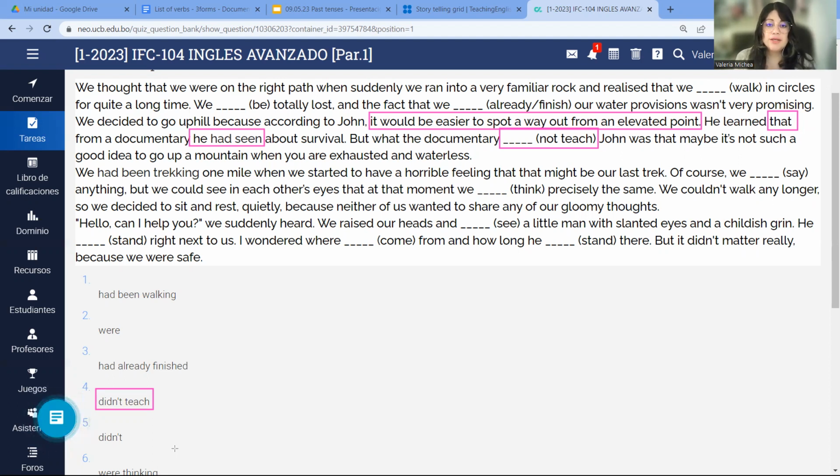What happened first, what happened then? So in order not to overuse the past perfect tenses, I would go for didn't teach. But as I'm telling you, both are correct. Both are possible because they refer to the same idea of something not happening in the past or not having happened in the past.